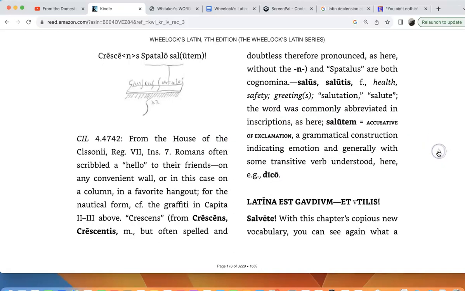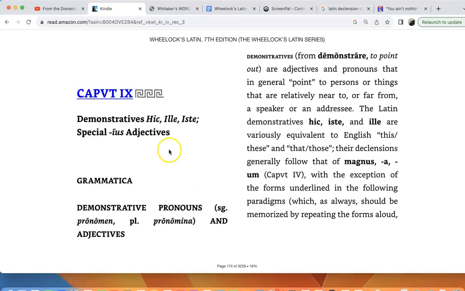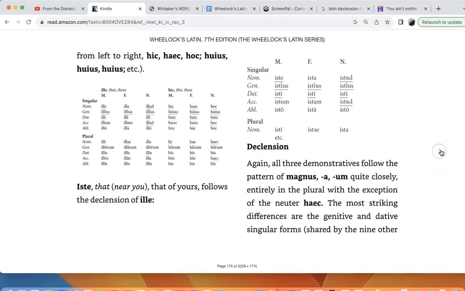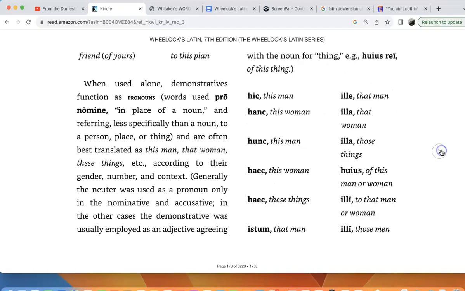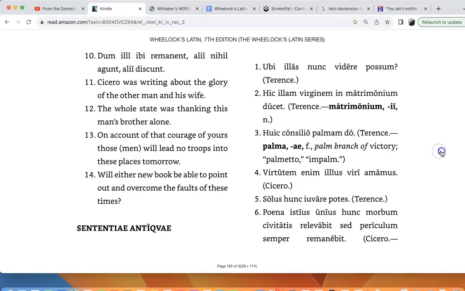And that is the end of what we're going to do. Our next chapter is demonstratives. So this one will require, as you'll see, like this man or that thing. And then moving on beyond that is chapter 10, which will be the last chapter for.